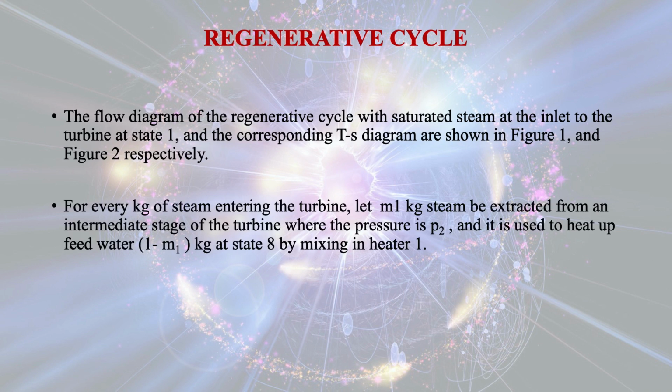For every kg of steam entering the turbine, let M1 kg of steam be extracted from an intermediate stage of the turbine where the pressure is P2, and it is used to heat up feed water of 1 minus M1 kg at state 8 by mixing in heater.